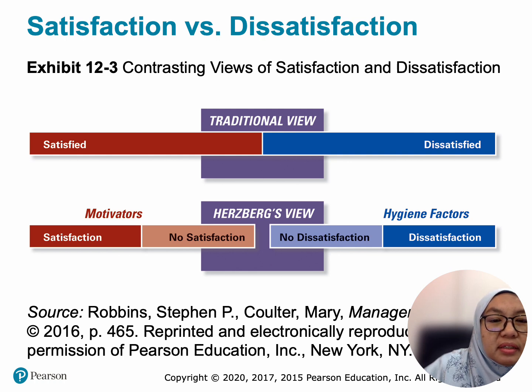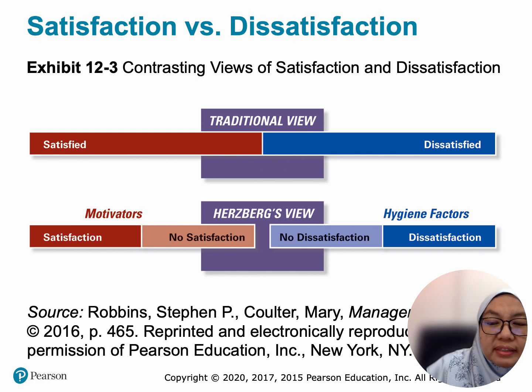So basically, the traditional view says that if an employee is not satisfied, they will be here. But somehow the picture is like this: satisfaction, no satisfaction, and dissatisfaction, no dissatisfaction.